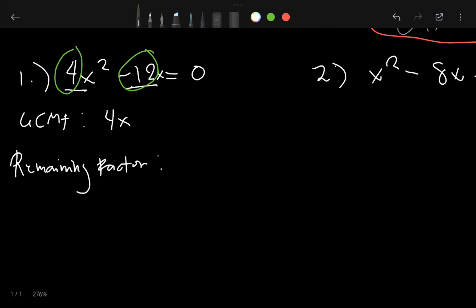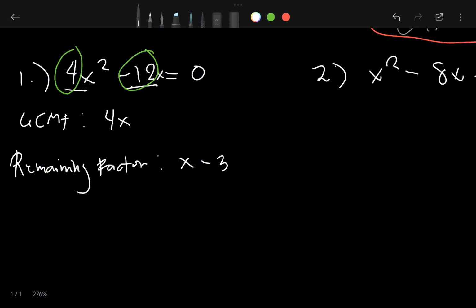So 4x² divided by 4x will give you x, followed by negative 12x. Negative 12x divided by 4x will give you negative 3.